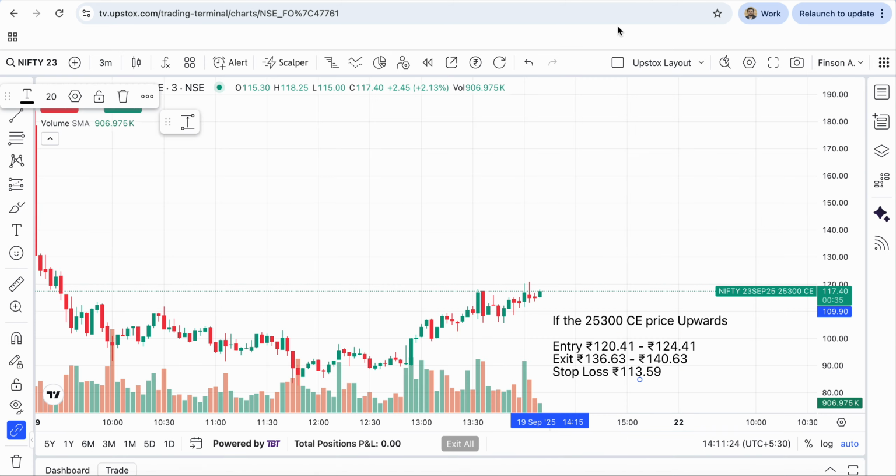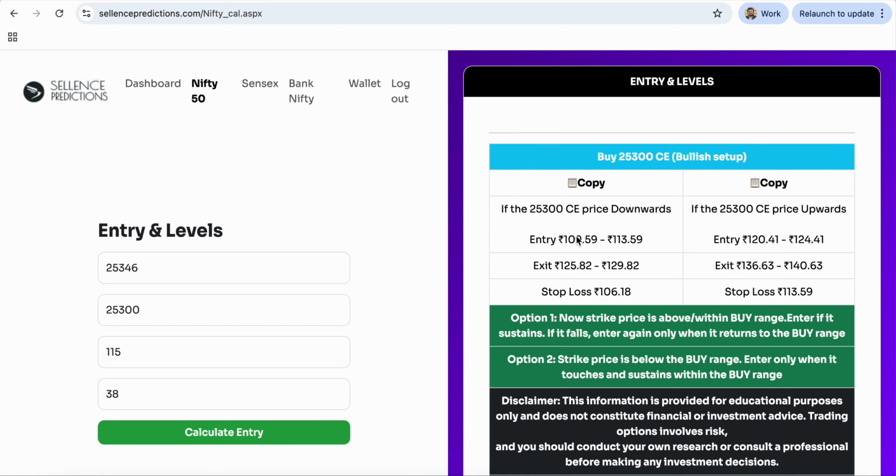The point of our strike is above one. It's now 117. That means it is not between the first option entry range. So we choose 120 to 124.